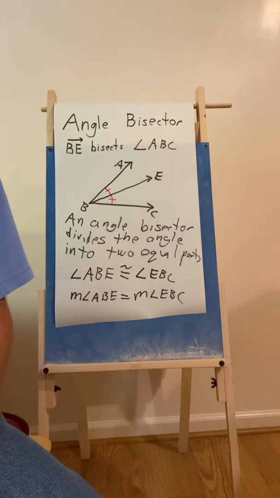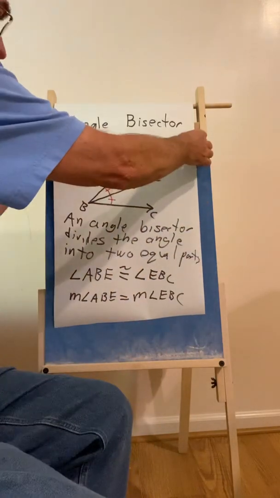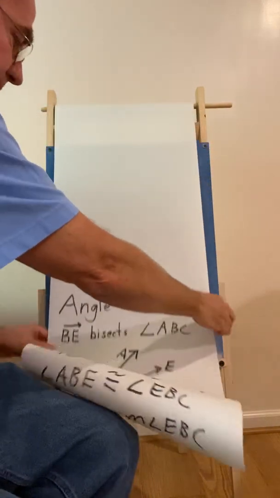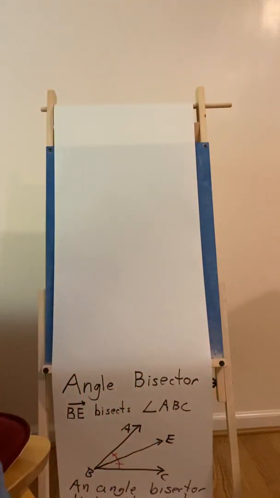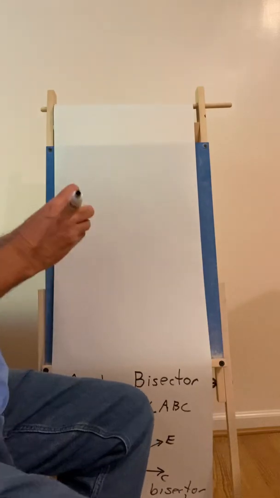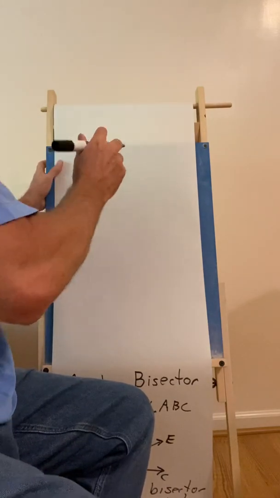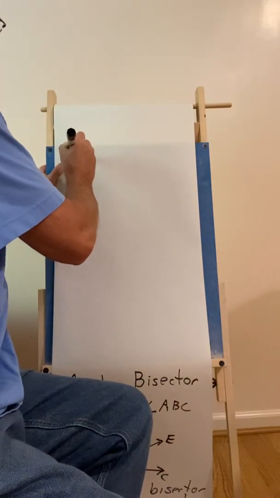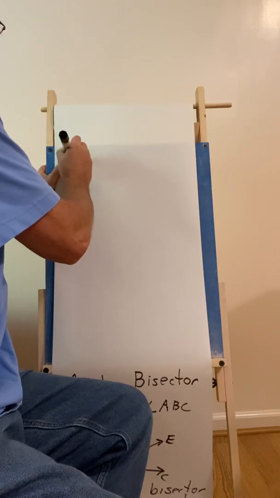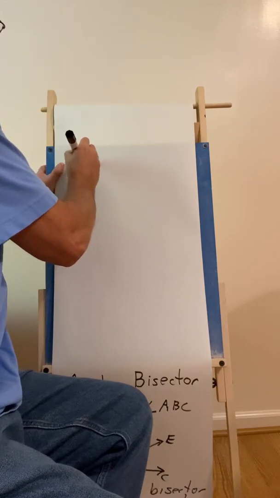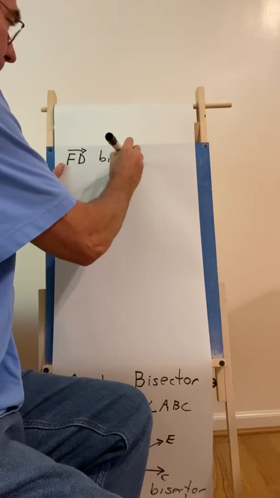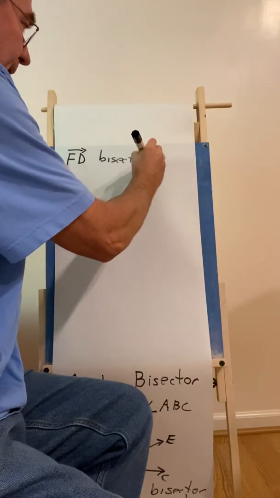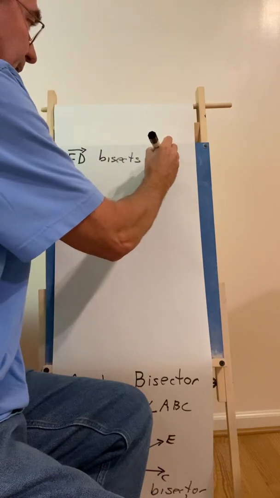All right, let's take a look at some problems doing this. FD bisects angle EFK.